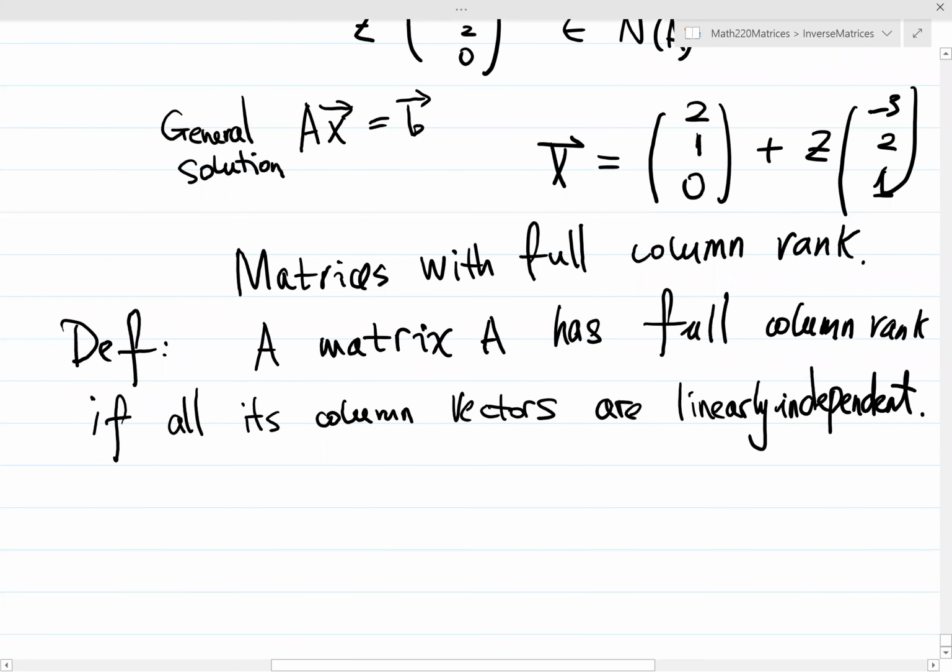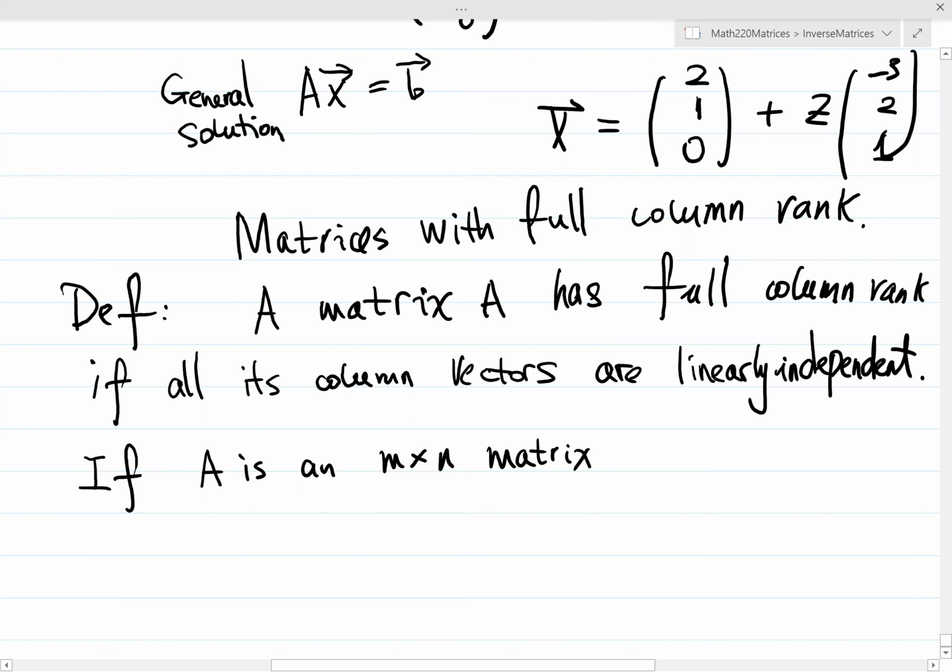Now, remember rank is the rank of a matrix. We have column rank, so we can determine the rank by columns. We can also determine the rank of a matrix using row vectors. If A is an M by N matrix, it has M rows and N columns. M rows can span at most an M-dimensional vector space, and N columns span at most an N-dimensional vector space.